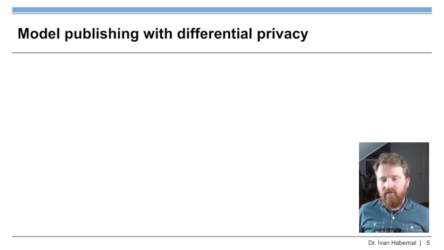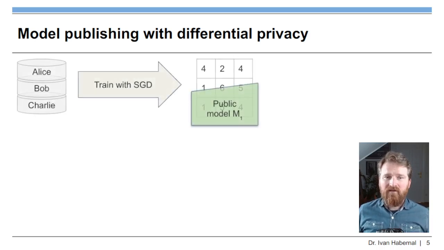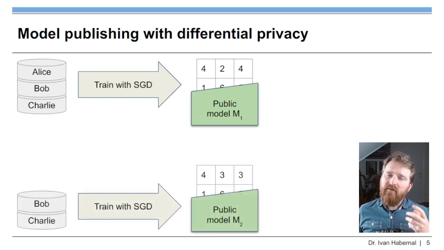So what we are trying to do is to use differential privacy for preserving the privacy of the final model. How does that work? Again, we have this data set of Alice, Bob, and Charlie, and we train it with stochastic gradient descent, and we have the final model here. Now, let's say we train the model with one person missing from the data set, again with stochastic gradient descent.